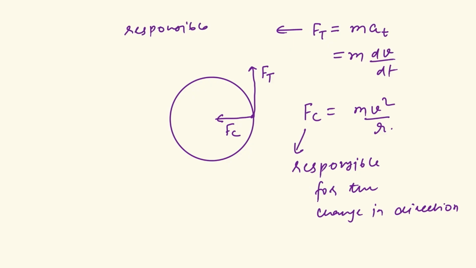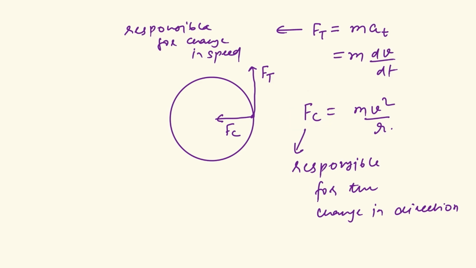The centripetal force is always directed towards the center, while the direction of motion of the particle is always tangent to the circular path. So the displacement is always perpendicular to the centripetal force.